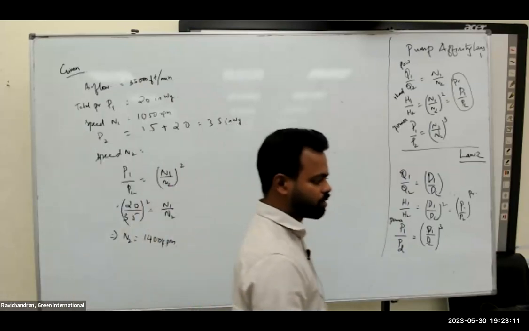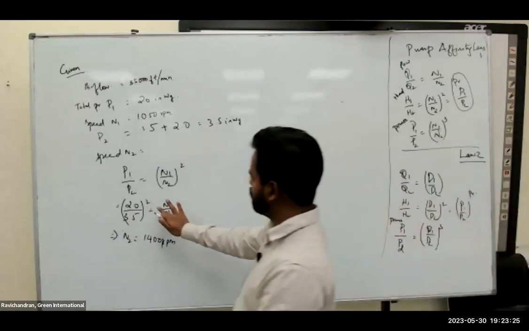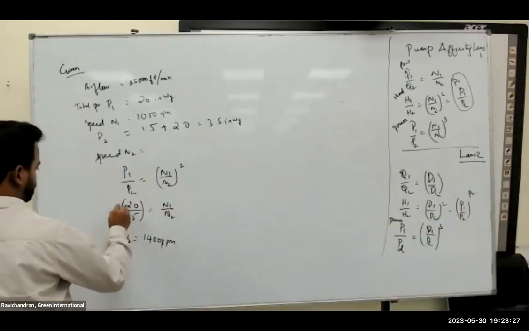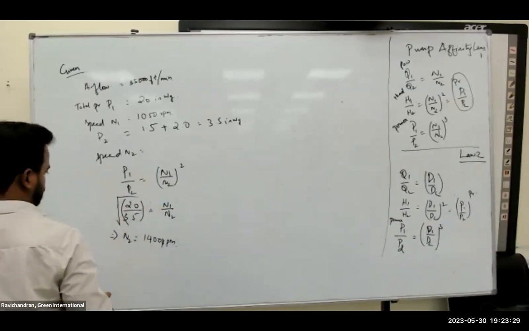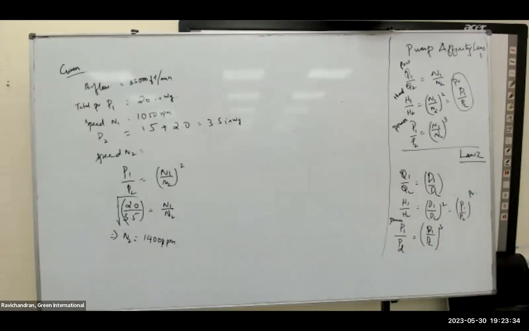You can try this with a calculator as well. You should write 1/2, or else you can write it as a square root, which is better. Then multiply with N1, and you will get the answer.